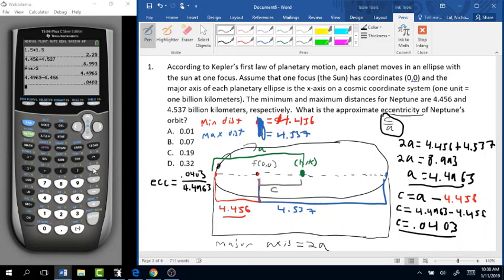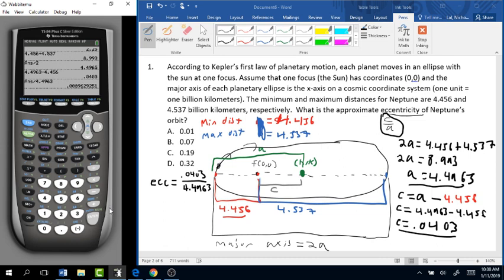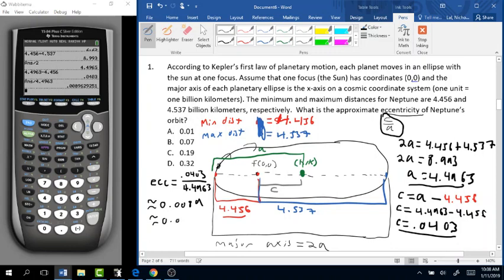So I'm going to divide this by 4.4965, and the answer is going to be 0.009. So this is approximately equal to 0.009, which is approximately equal to 0.01, making answer choice A the best possible solution.